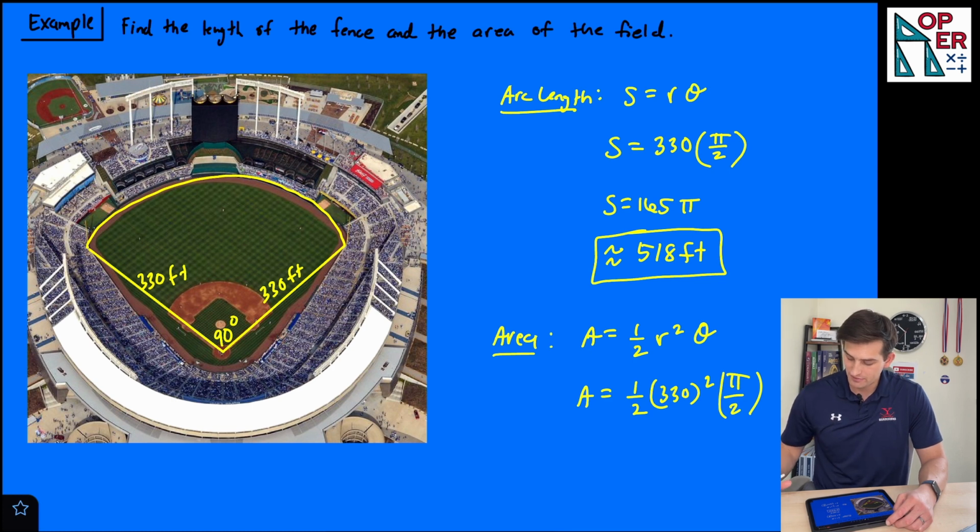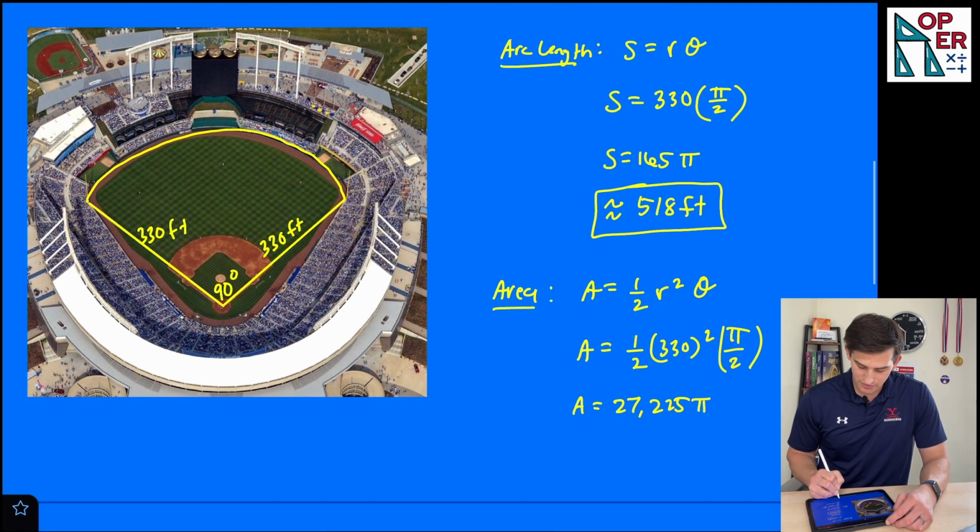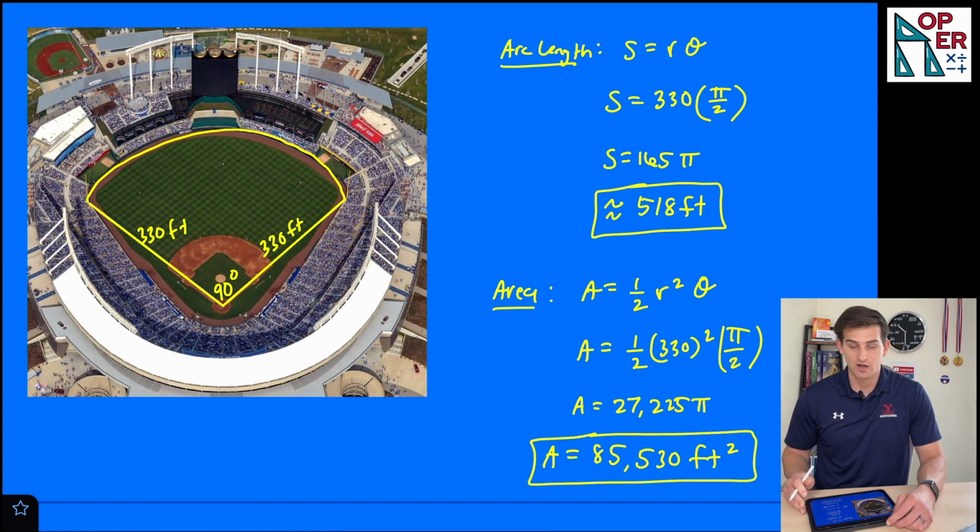So let's divide that by 2 again. And we're going to get area is equal to 27,225 pi. So we'll multiply this by pi, and to the nearest square foot, there's about 85,530 square feet of fair territory at Kauffman Stadium in Kansas City, Missouri.